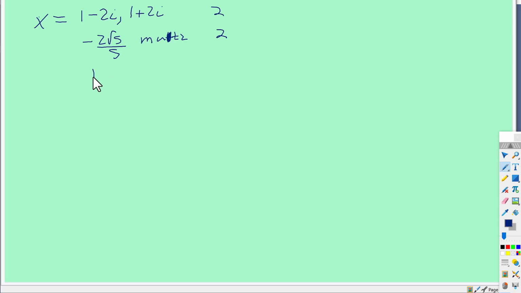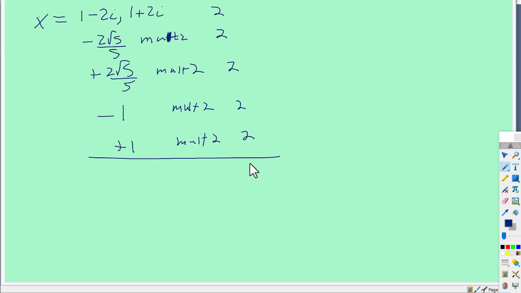And then you have positive 2 root 5 over 5 with multiplicity of 2. So there's 2 more roots. And then you had negative 1 with multiplicity of 2 and positive 1 with multiplicity of 2. So if you add those up, those are your 10 roots.